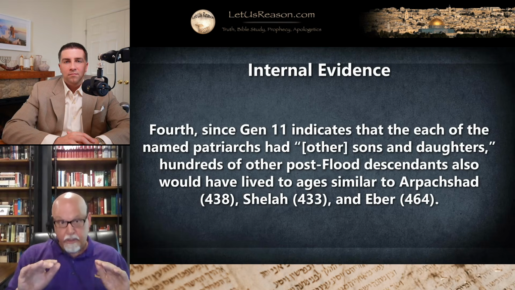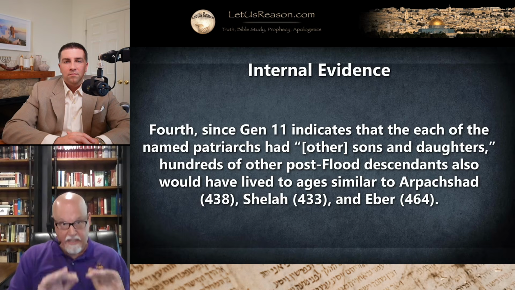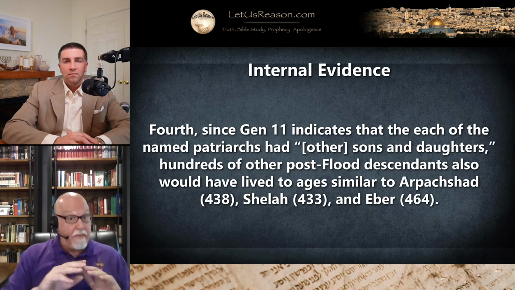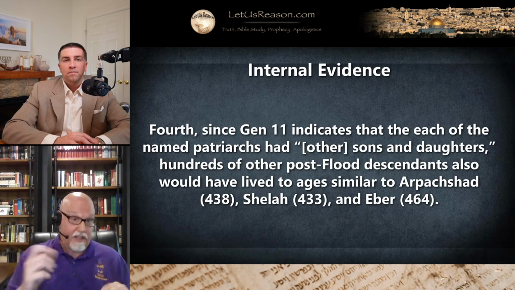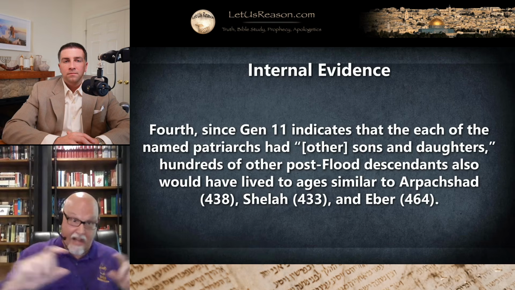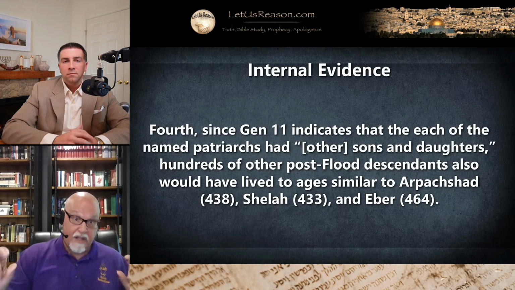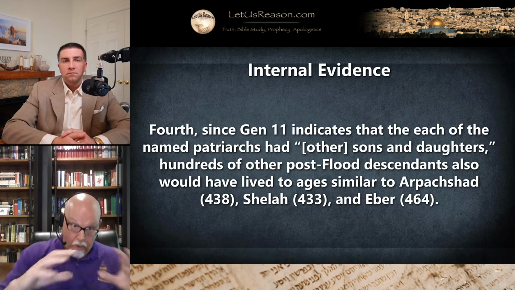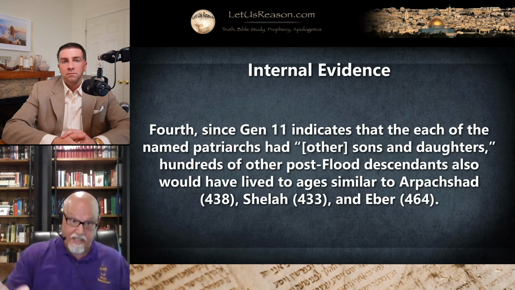It's perfectly reasonable to presume that they lived to ages similar to the named patriarchs, Arphaxad, Shelah, and Eber. And we know that men lived longer, not just the Messianic line, because Ishmael later lived to be 137. He's not in the Messianic line. So the long ages are not limited to people in the Messianic line. In my thinking, the post-flood descendants lived to these ages.